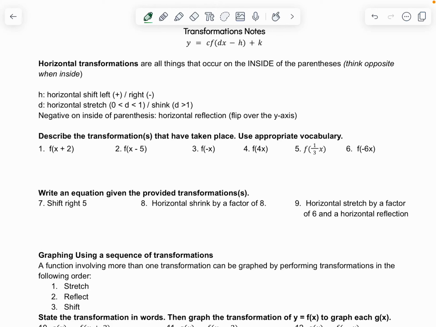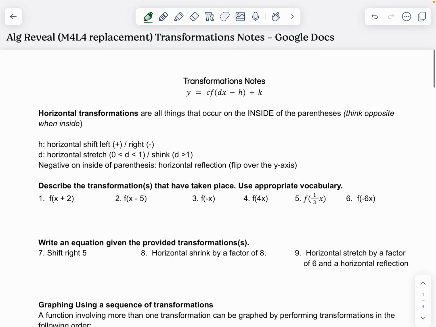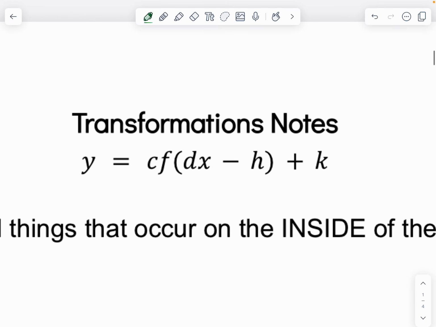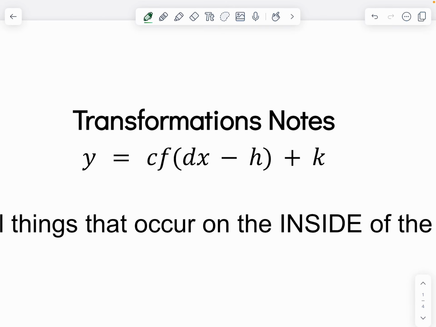We are doing transformation notes, and this is one way that you will see this written. Sometimes you will actually see this written as just f of x.